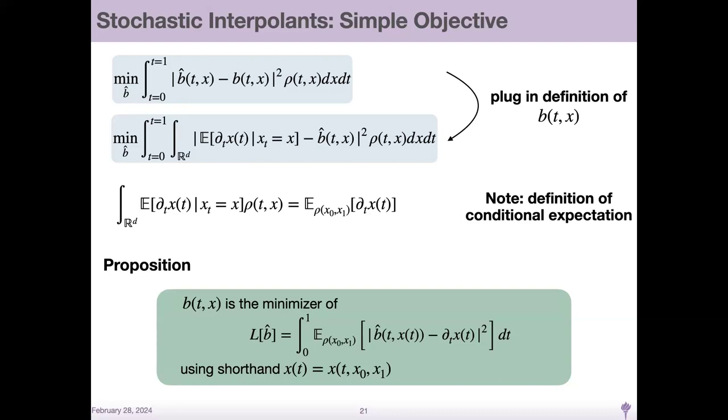So I can use this fact to write down a very simple loss function for what b is, without ever having to define what b is explicitly. It's just given by the regression of our model for the velocity field b hat minus the time derivative of the interpolant, taken in expectation over samples from the base and samples from the target density.